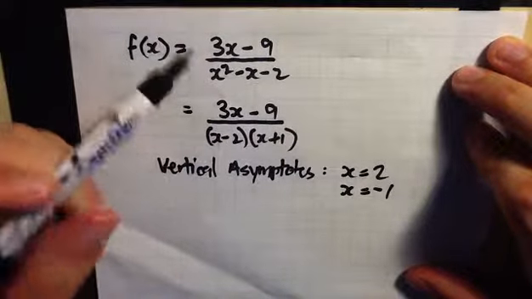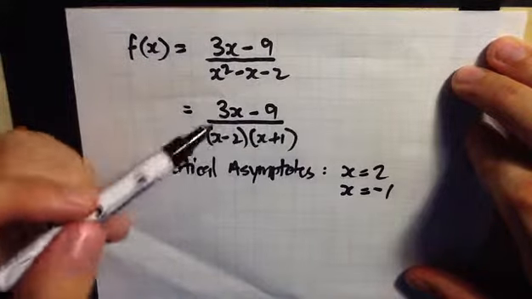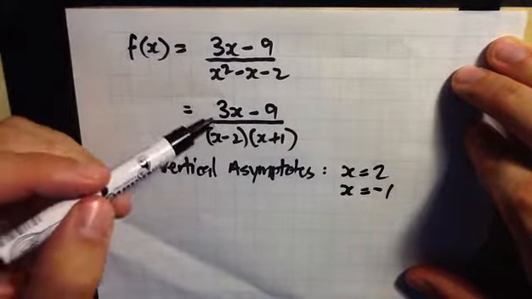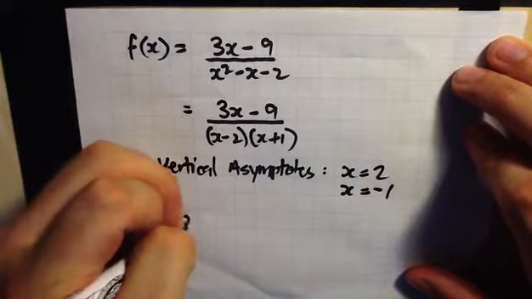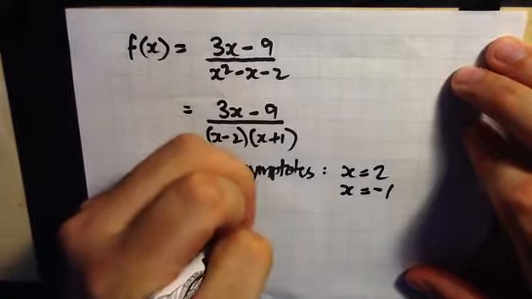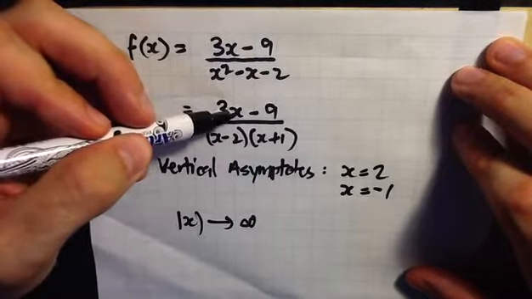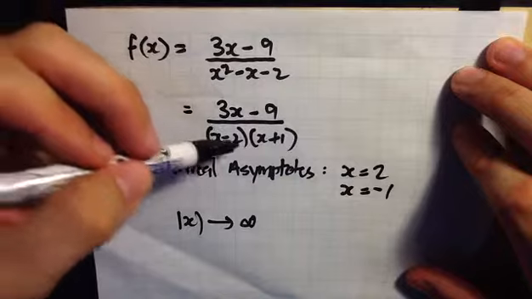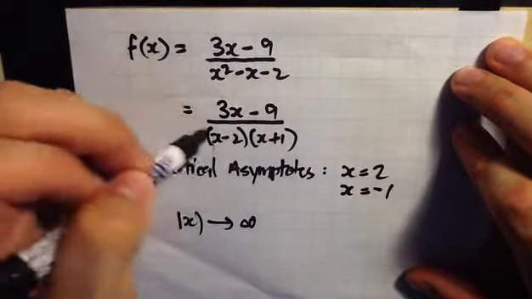You use the denominator to find the vertical asymptotes. So horizontal asymptotes, when is there a horizontal asymptote? What I'm going to do is see how this function behaves as modulus x approaches infinity. If I made x become really, really big, towards infinity, this denominator gets huge, doesn't it?